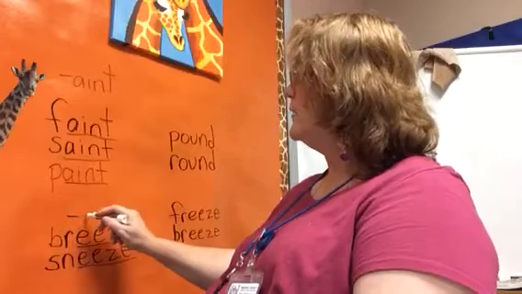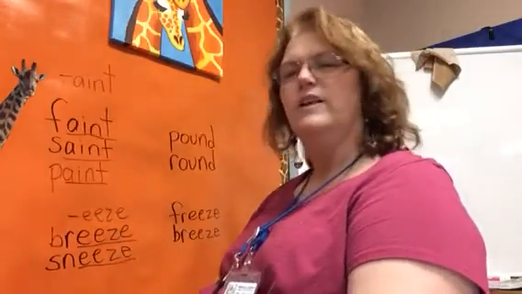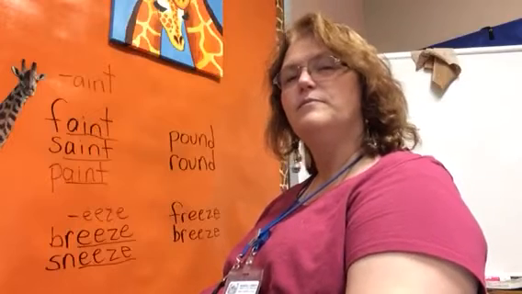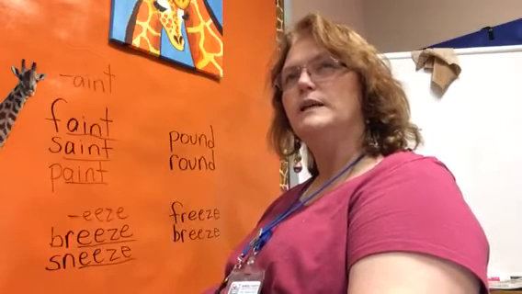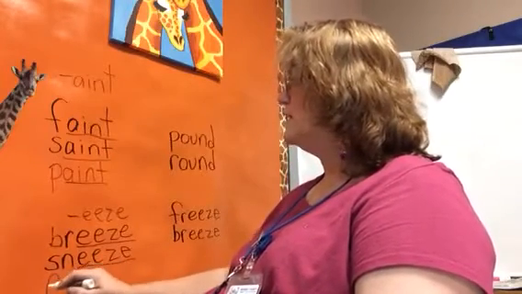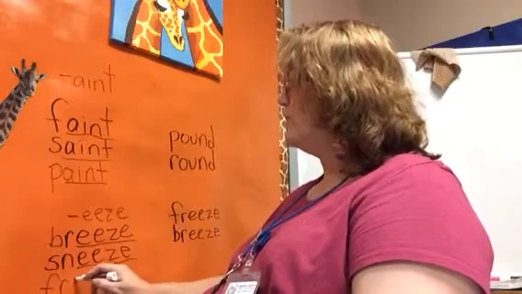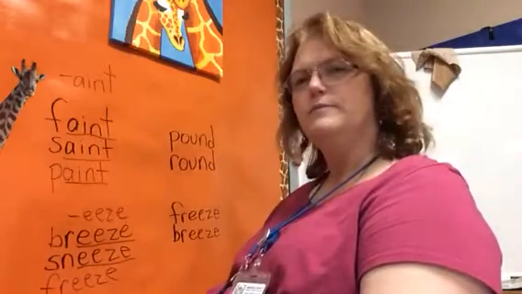So their category we do like this. Can you think of another word that goes there? Especially when it gets really cold outside. Freeze. That would be a good word.